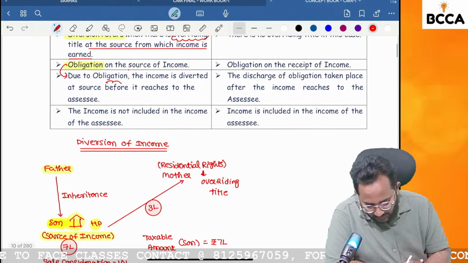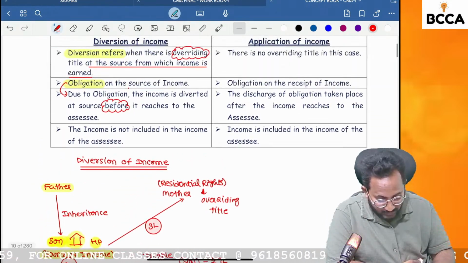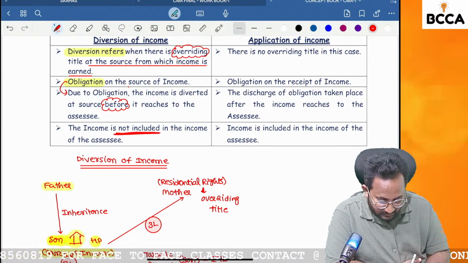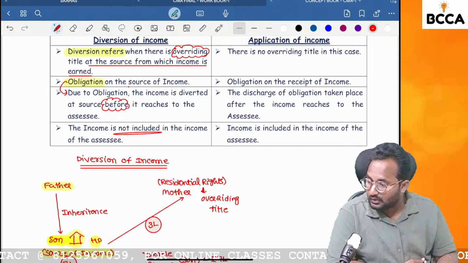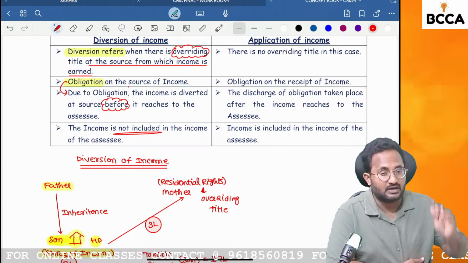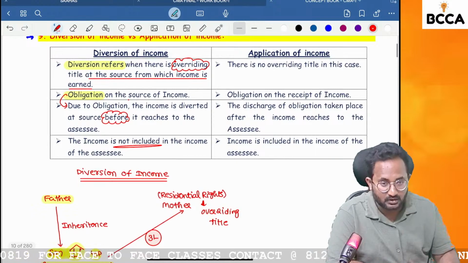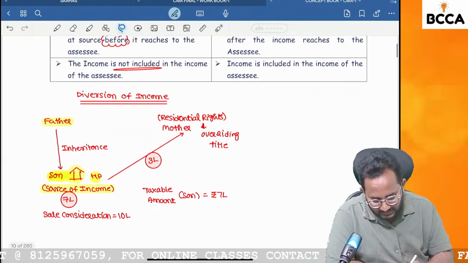So before reaching your hands, 3 lakhs will be delivered to the mother. If that income is diverted, it is not included in the son's total income. Are you clear? Along with this example you can understand, sir.